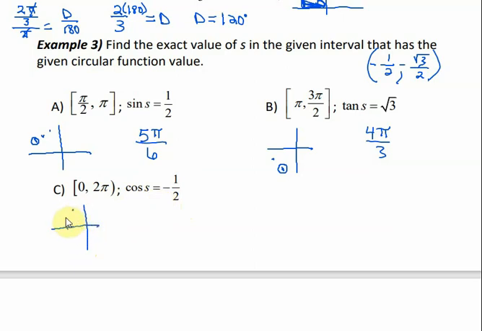So if we have these sections of our unit circle, it's going to be these two guys right here that have an x value of 1/2. So where is that? This would be 2 pi over 3, and then this one would be 4 pi over 3. So we have two answers for this one.